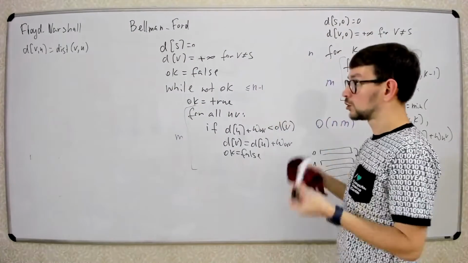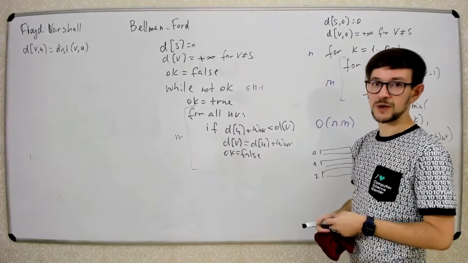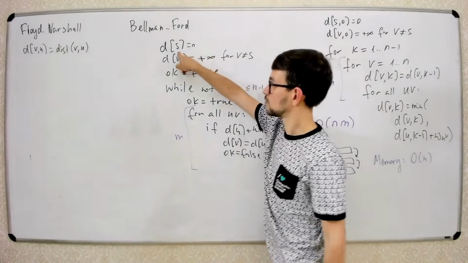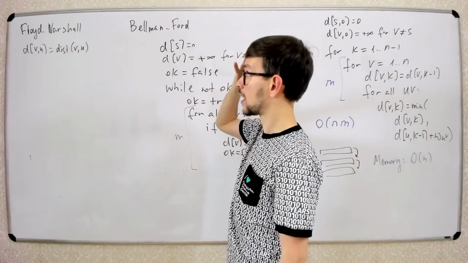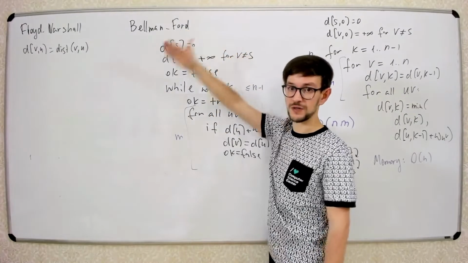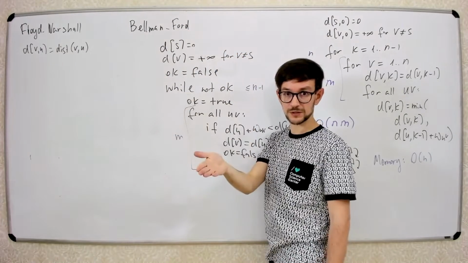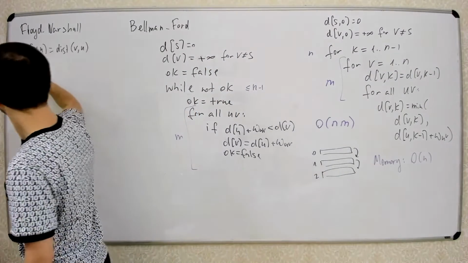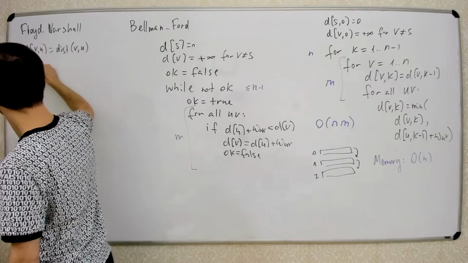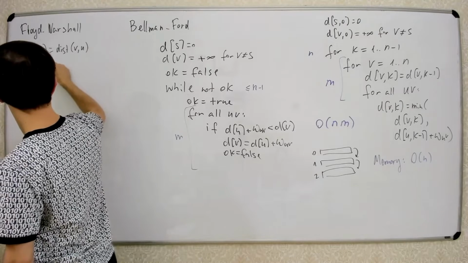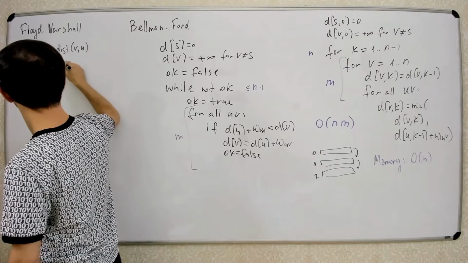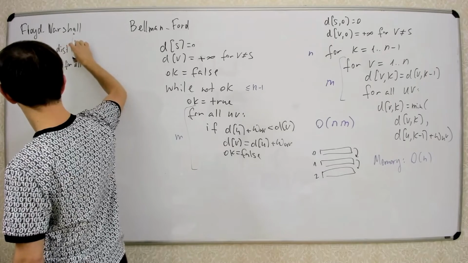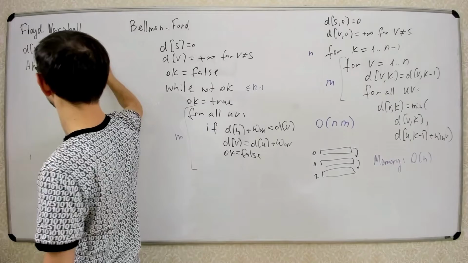Well, first, what you can do is just apply the Bellman-Ford algorithm n times. You can iterate over all nodes s and apply the Bellman-Ford algorithm for this starting node, for all nodes v.